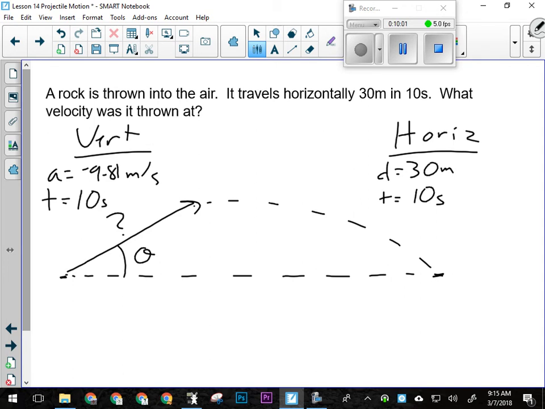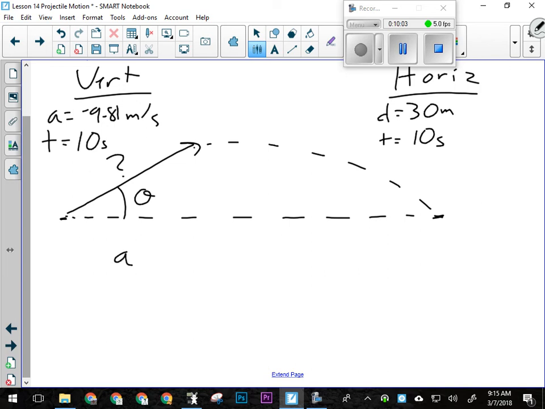So we know then that this formula, which is the one we always use, we know two parts of it. We know acceleration is negative 9.81, and we know this. But we also know that these two numbers are equal, but opposite in direction. So instead of writing it as VF and VI, which implies they're different numbers, I'm going to write it like this.